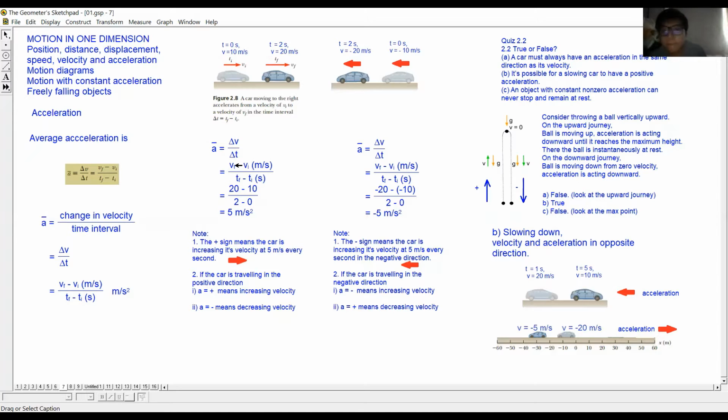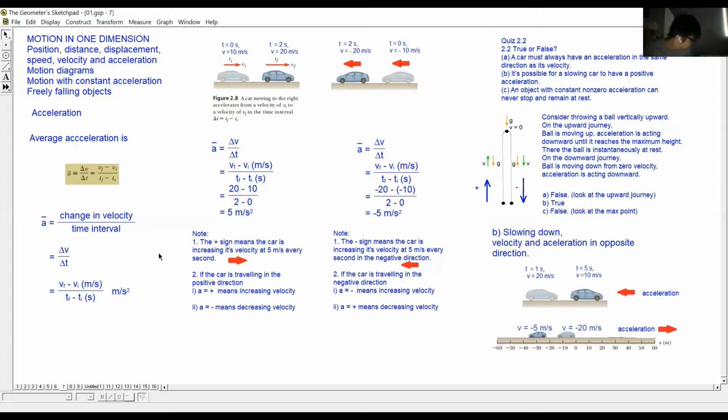To find delta v, we use the final velocity 20 minus the initial velocity 10, so it's 20 minus 10, and the time taken is 2 seconds minus 0 seconds. So it is 10 divided by 2, which is 5 meter per second square.